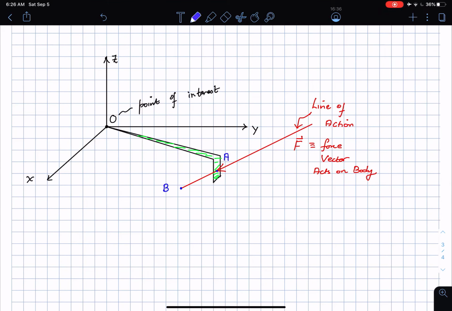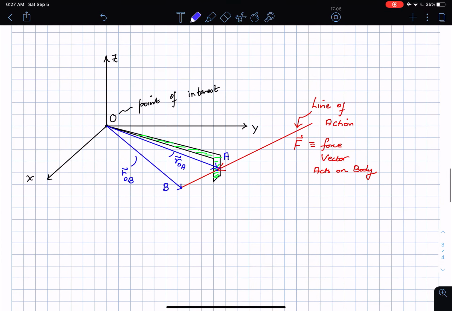I'm going to draw a position vector from point O to point A. So that's one thing that I have done. This is the position vector from point O to point A. Then I have another position vector. I'm going to call this position vector R1 or R from O to A. Then this is another position vector from point O to point B, which I'm going to call R_OB.